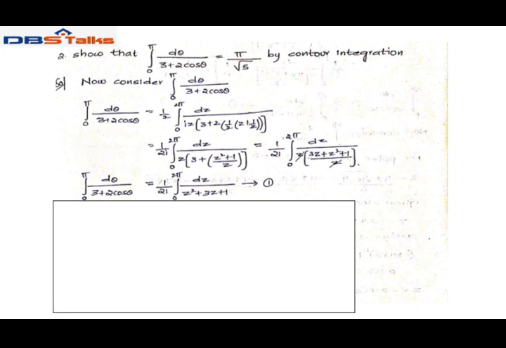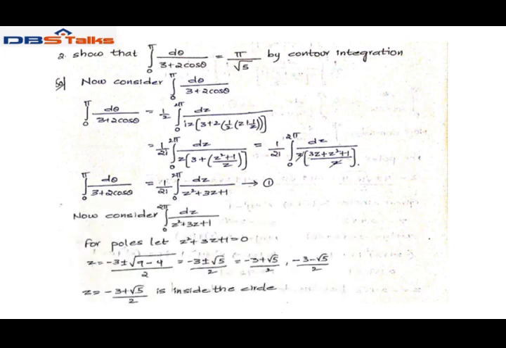So that equal 1 by 2i integral 0 to 2 pi dz by z into 3 plus, so after calculation z square plus 1 by z, that equal to 1 by 2i integral 0 to 2 pi dz by, then taking LCM value, that is z, dz by z into 3z plus z square plus 1 by z. So after cancellation, that equal to 1 by 2i integral 0 to 2 pi dz by, denominator value is z square plus 3z plus 1. So this is equation 1.